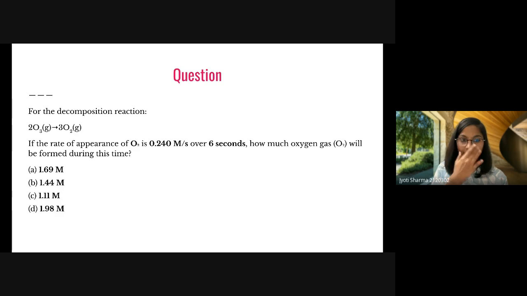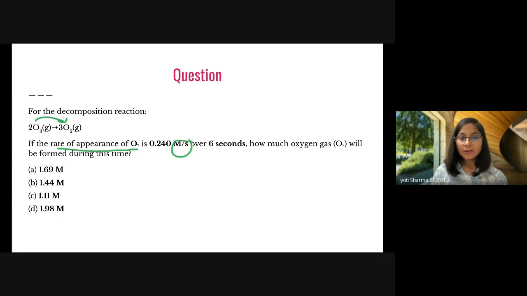Okay, this is again a very simple question actually. The rate of appearance of oxygen: from O3, the O2 is being generated. So the rate of appearance, and we know that the unit of rate is nothing but molarity per second.